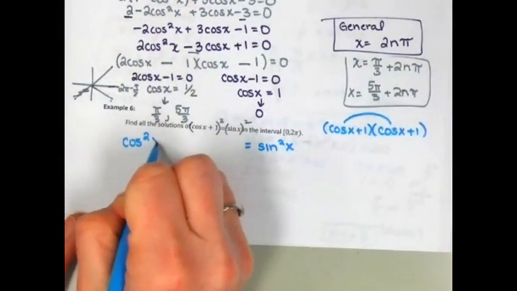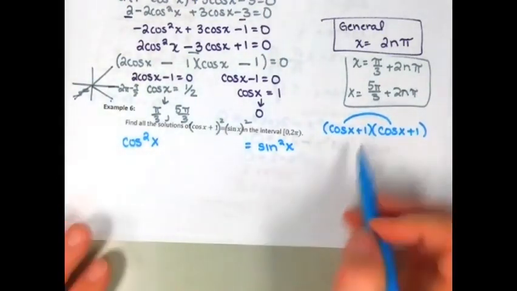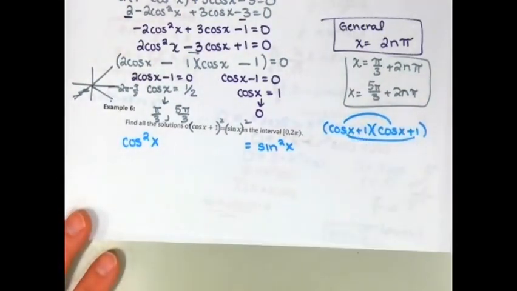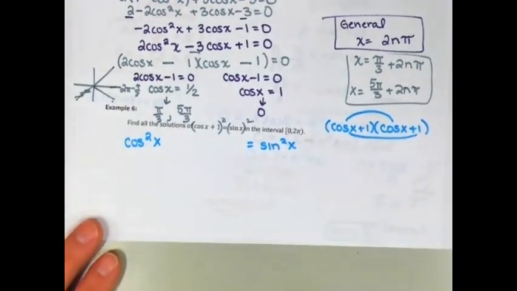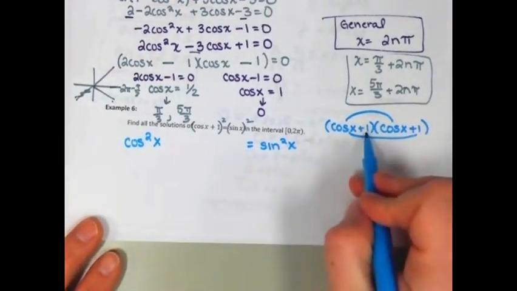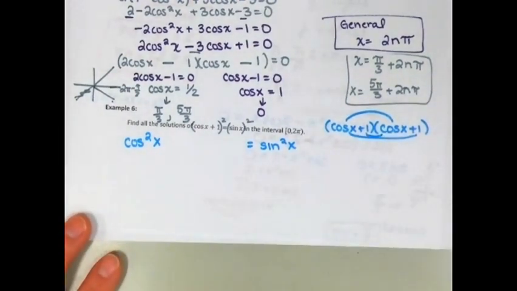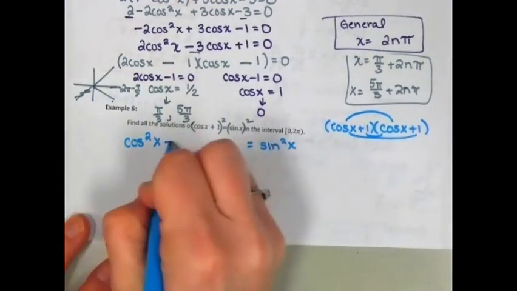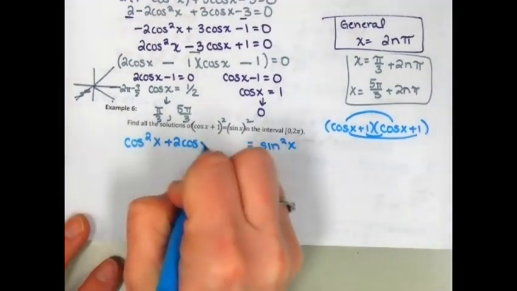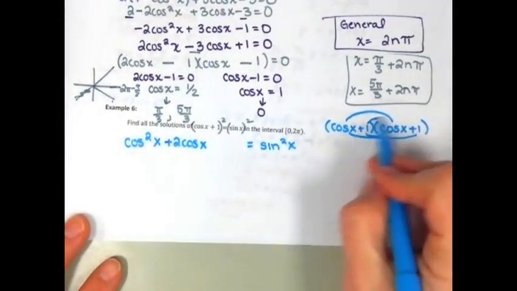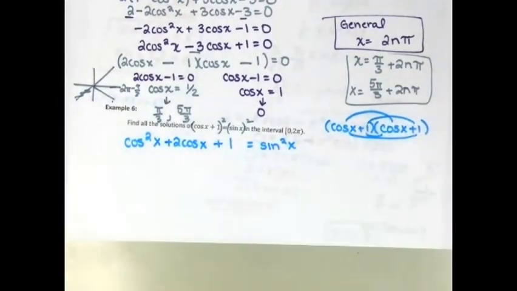Cosine squared x. Cosine times 1 is cosine. What's cosine times 1? Cosine. So what's cosine plus cosine? 2 cosine x. And then what's 1 times 1? 1.